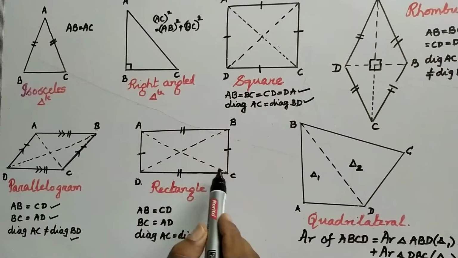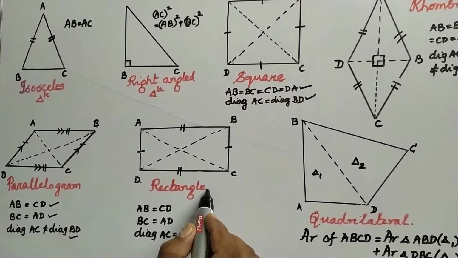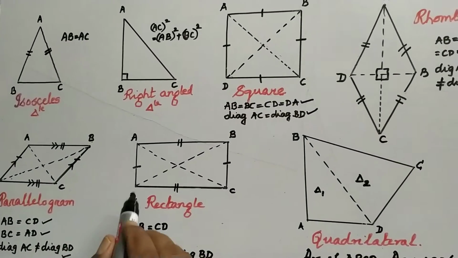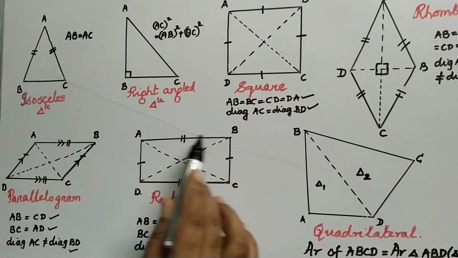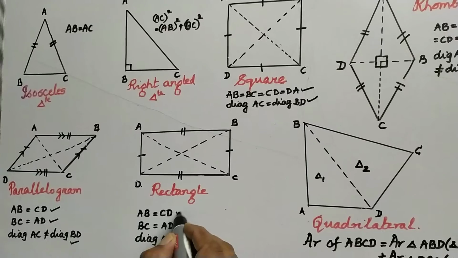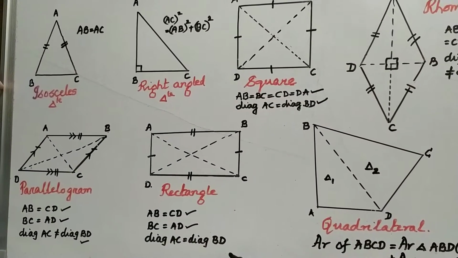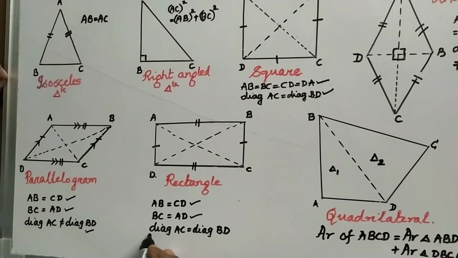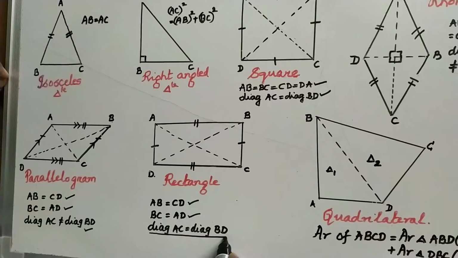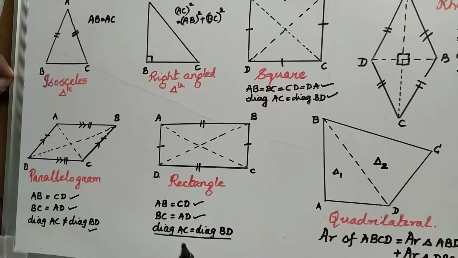If they ask you, giving four vertices, to show that the vertices form a rectangle, you will have to prove that the opposite sides are equal. AB is equal to CD, BC is equal to AD, and you should prove that the diagonals are equal. Diagonal AC will be equal to diagonal BD.